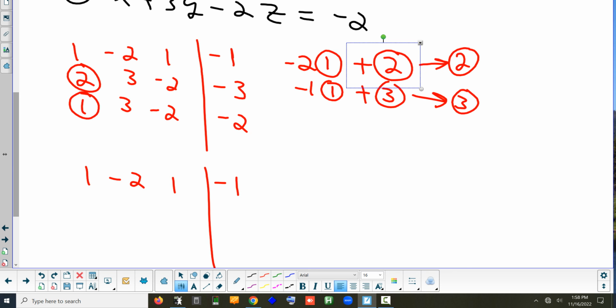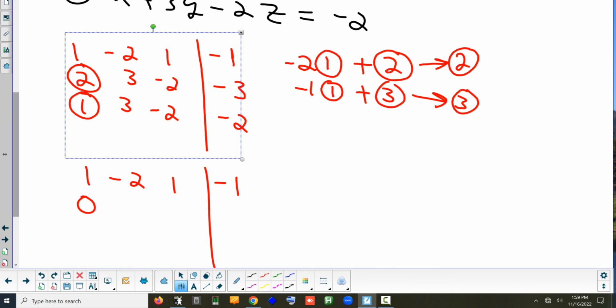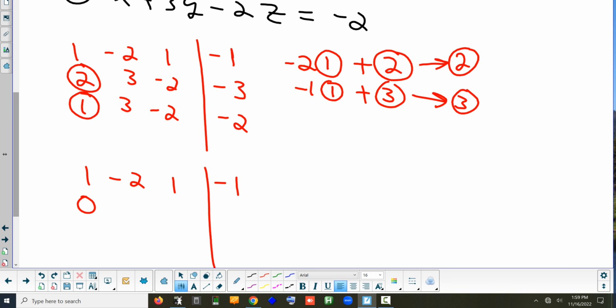All right. What's negative 2 times 1? Plus 2. 0. Now do it again. What's negative 2 times negative 2? 4 plus 3? 7. What's 1 times negative 2?